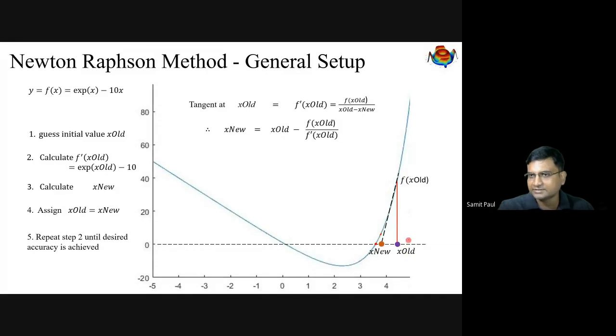And then we need to calculate the function value at x old and the derivative at x old. Function value can be calculated from this function. We will put 5 here, exponential of 5 minus 50. And we can also calculate the derivative, e to the power of x minus 10. And if we put x old there, e to the power of 5 minus 10.